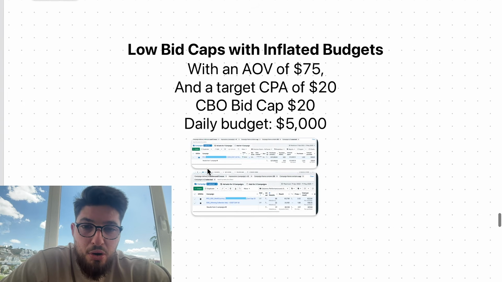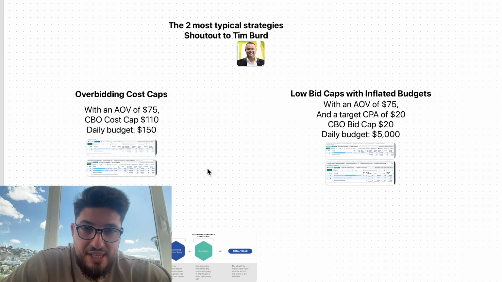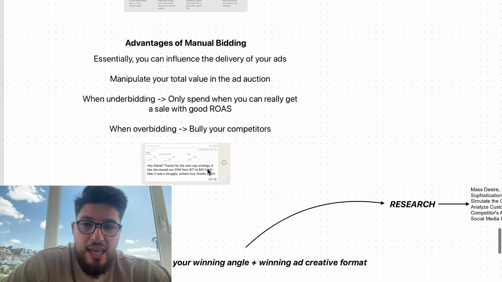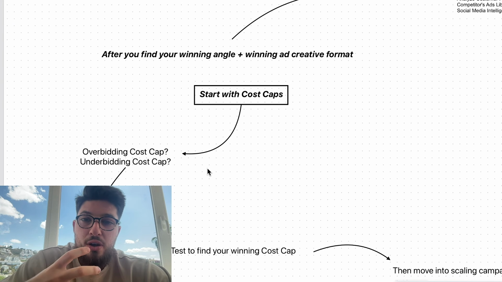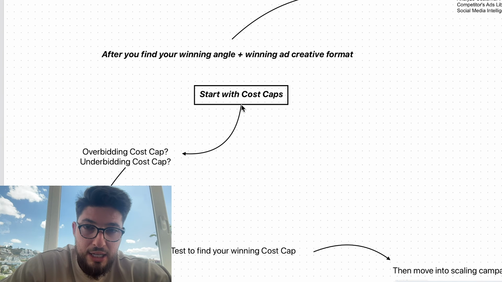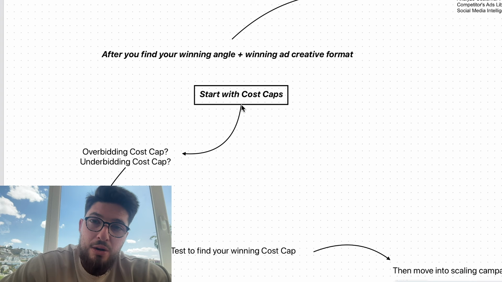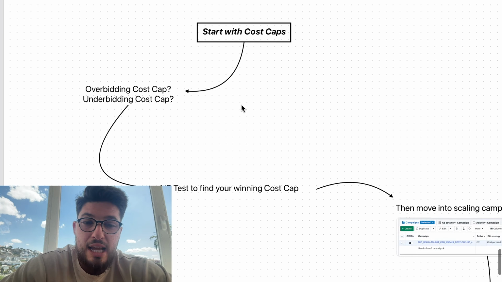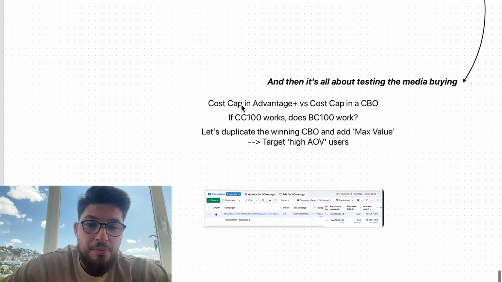Both are good, both work. Test, stay curious, and develop your own strategy. And also be aware that cost caps will not compensate bad ad creatives. So a good front-end offer with winning ad creatives will be accelerated, scaled, and consistent with good manual bidding strategies. That's really my message in this video, okay?